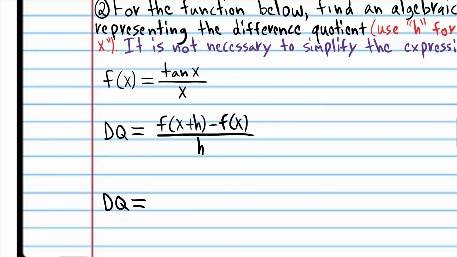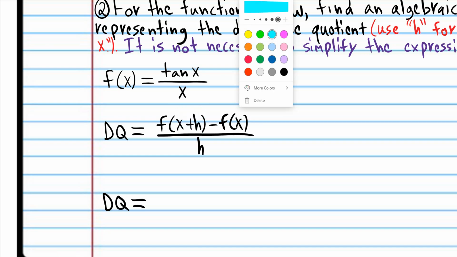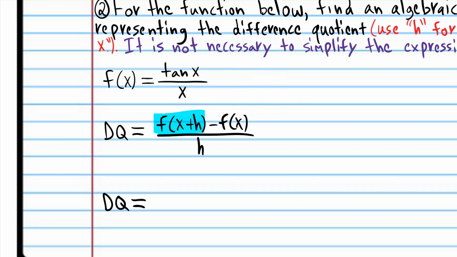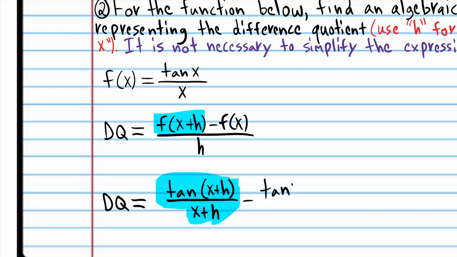Okay, so first we're going to find f of x plus h. So f of x plus h is this expression here, except instead of x, you write x plus h. Then we're going to subtract f of x, which is the exact expression that we were given. No difference whatsoever.